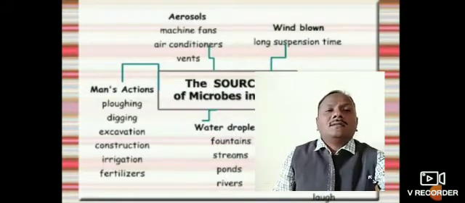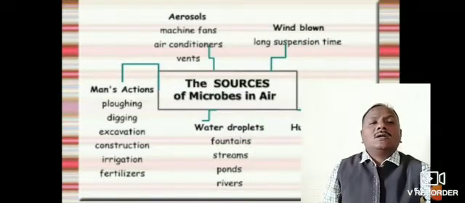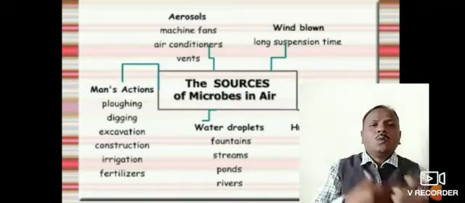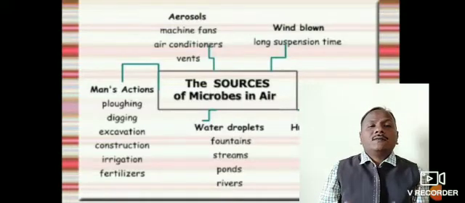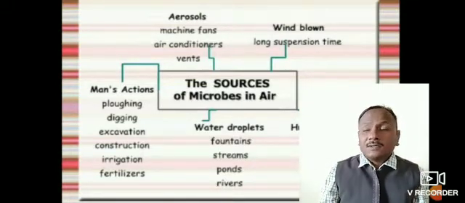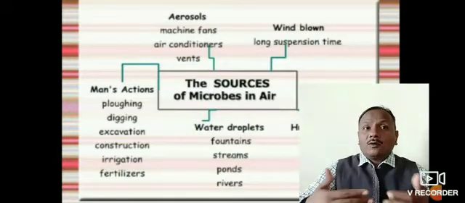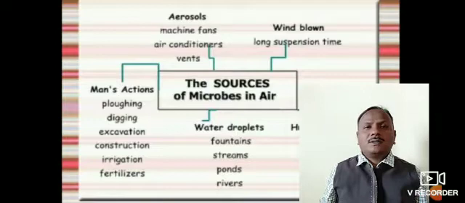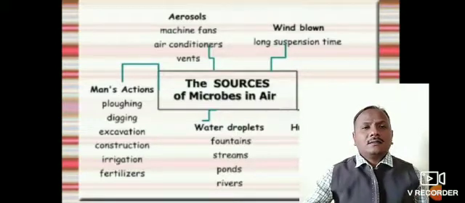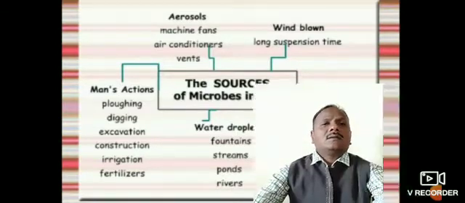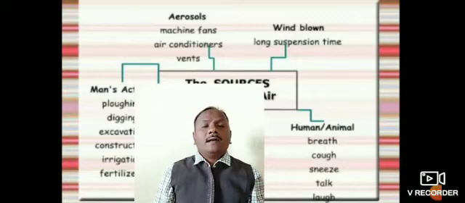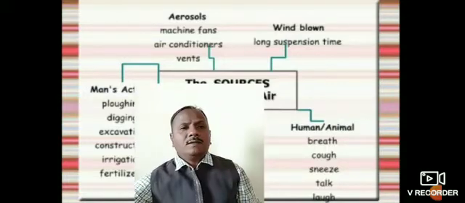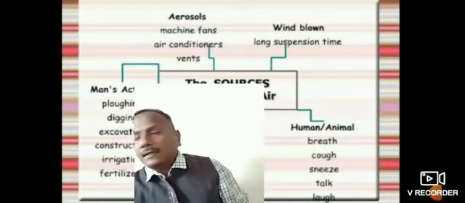Apart from that, the second source is water. Water droplets from fountains, streams, ponds and rivers mix into the environment. Next is human and animal breath.